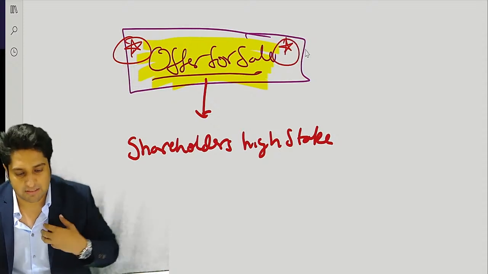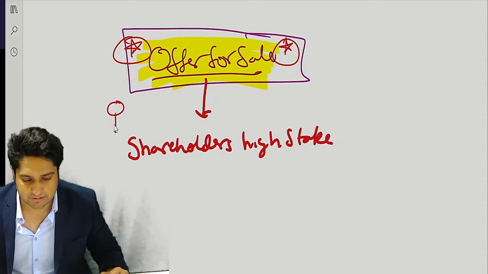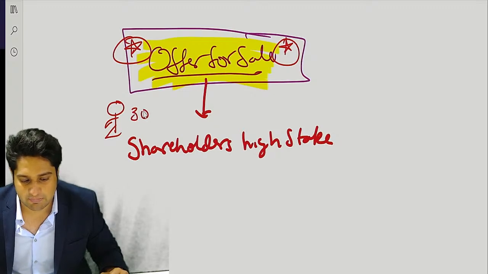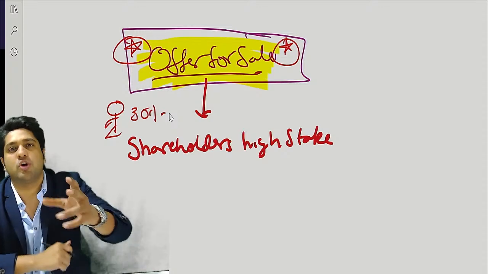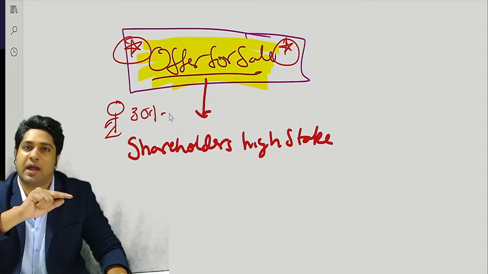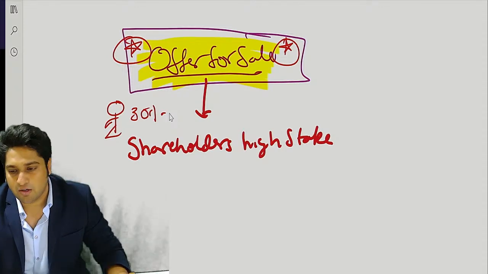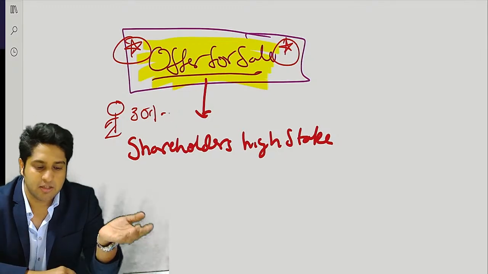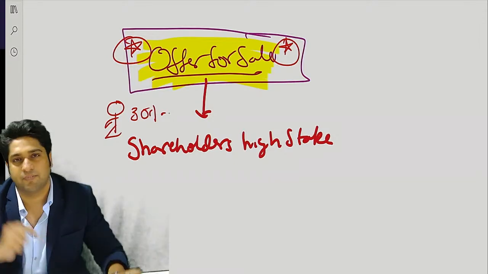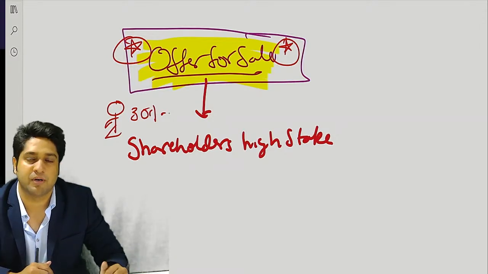Now there is a shareholder, let's say he has 30% shares of the company. Today if you want to buy any shares, you will swipe buy, right? Or if you want to sell your shares, you will swipe sell. Yes or no? Very simple concept.